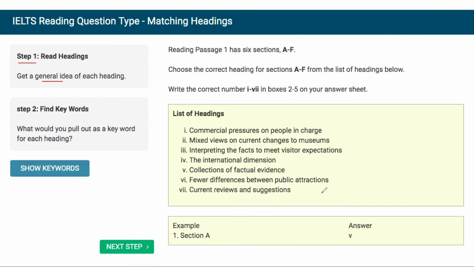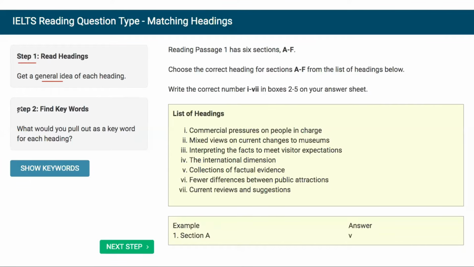And 7, current reviews and suggestions. So basically we know we're going to be looking at museums, perhaps people who work in them, people who visit the museums, maybe some collections, museums on the international spectrum or dimension, and also looking at public attractions. So we have a nice idea.